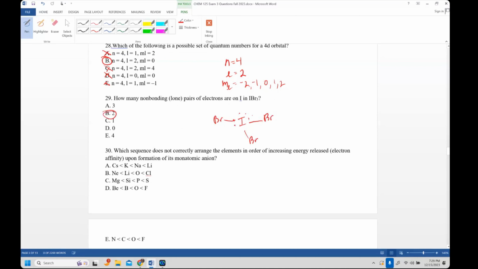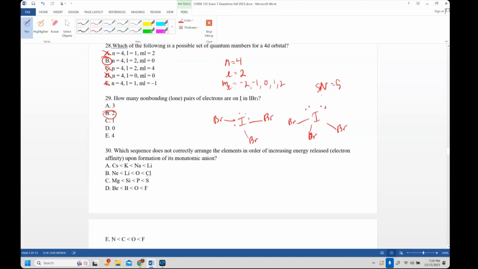Now, what is the shape of this? That's another good question we could ask. The molecular and electron geometry. So to clean it up, we'll have it like this. Br, Br, and Br. So this will actually be, if I'm not mistaken, T-shaped because you'll have the 2 lone pairs and your steric number is going to be 5.